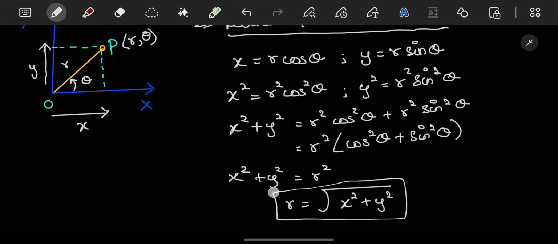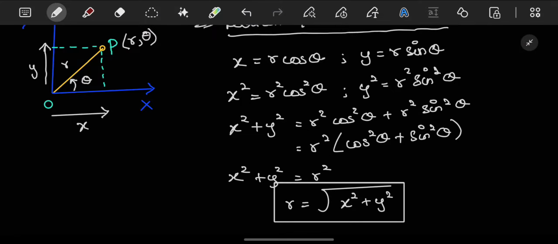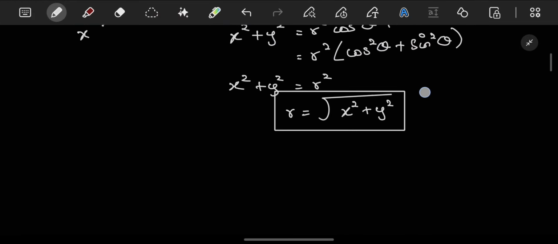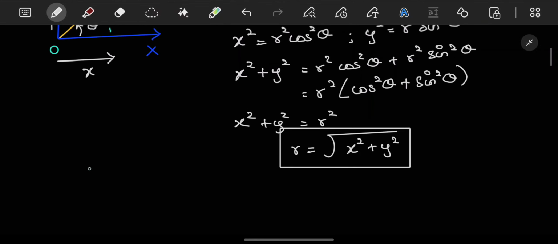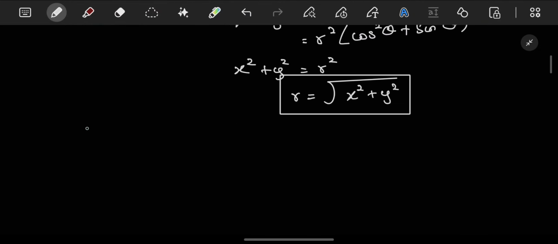So now we have calculated the value of small r. Now we have to find the value of theta. To find the value of theta, we can write y by x, which is equal to sin theta by r into cos theta. So here r and r get cancelled.